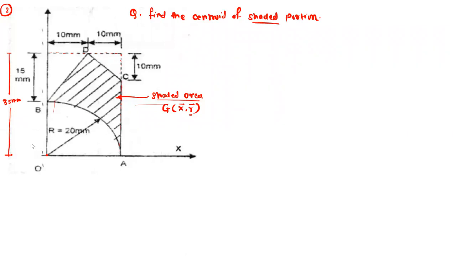This is the height of that rectangle, and this side is equal to 20 mm. Basically this 20 mm is the radius of this quarter circle. So the first geometry is the rectangle. From this rectangle we need to subtract the remaining geometries so that we can get the required shaded area. From this rectangle we will subtract this quarter circle.